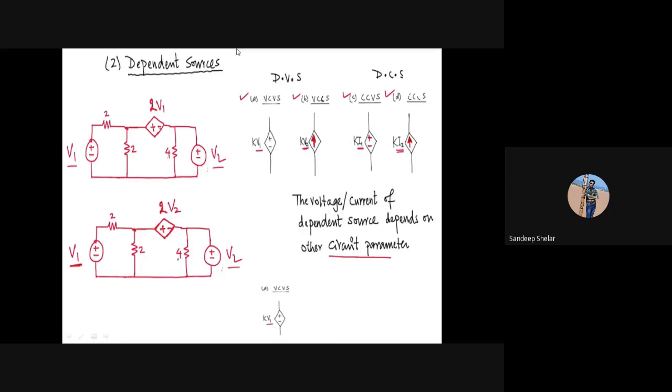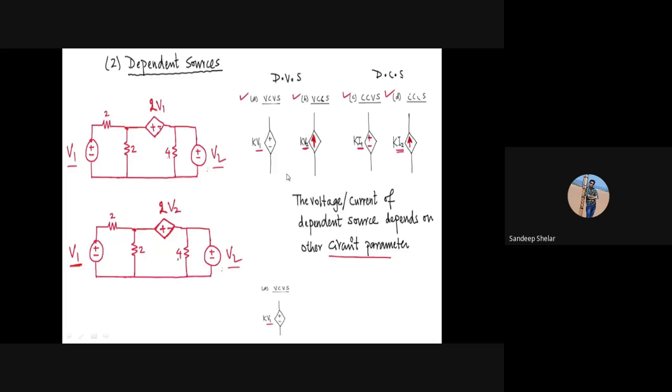Now the second type is dependent sources, which are based on two types: dependent voltage source and dependent current source. The dependent voltage source is classified into two types: the voltage controlled voltage source, where V1 is controlled by this voltage, and the current controlled voltage source, where V2 is controlled by a current source.